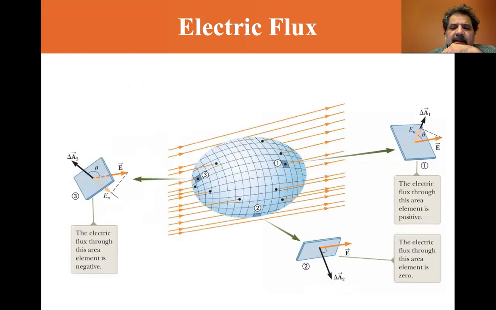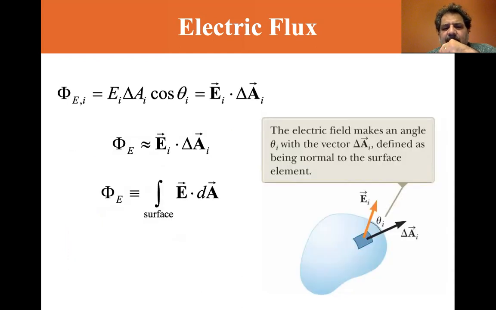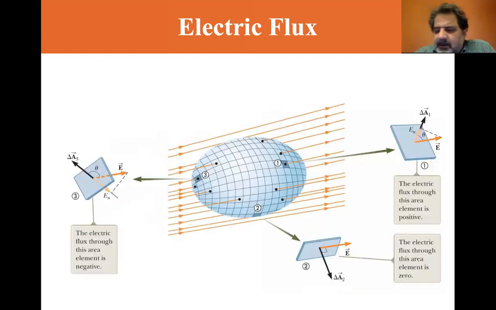And we've had the dot product. The dot product, E dotted with A, is EA cosine theta. I think that comes up later in the lecture.